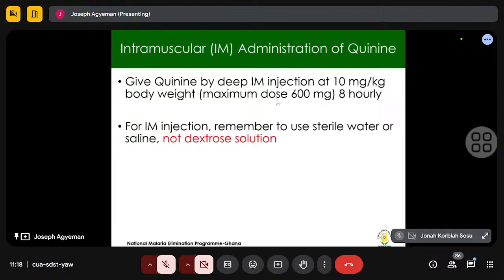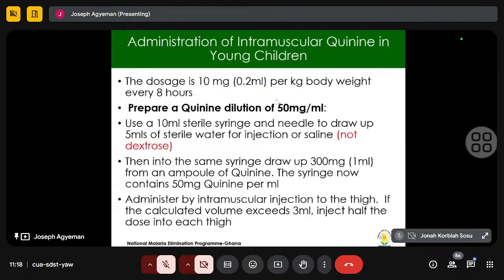A 70 kg man needs IM quinine. You have been given 1,000 ampoules. Each one is 2 mils containing 600 milligrams of quinine HCl, quinine sulfate. How do you go around this? Okay, so first off is to find out how many milligrams of quinine the patient needs, and since we are doing 10 milligrams per kg, the patient needs like 700 milligrams of quinine, right?